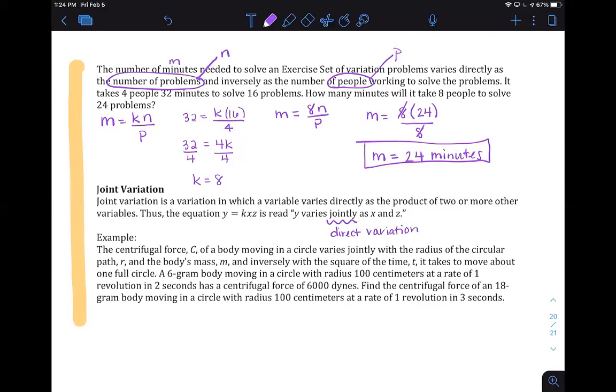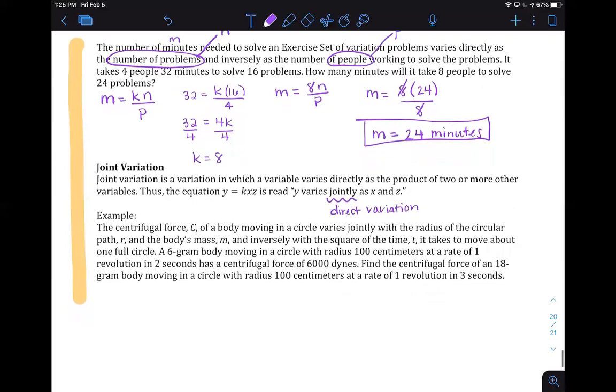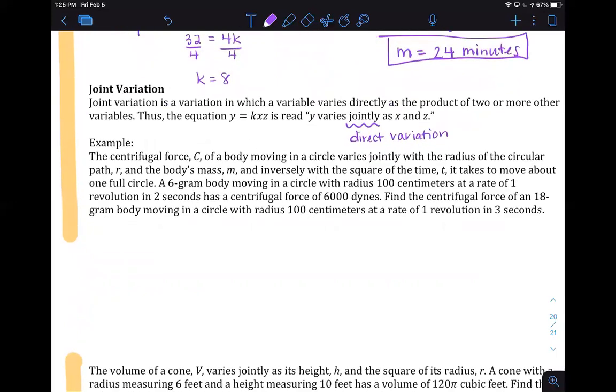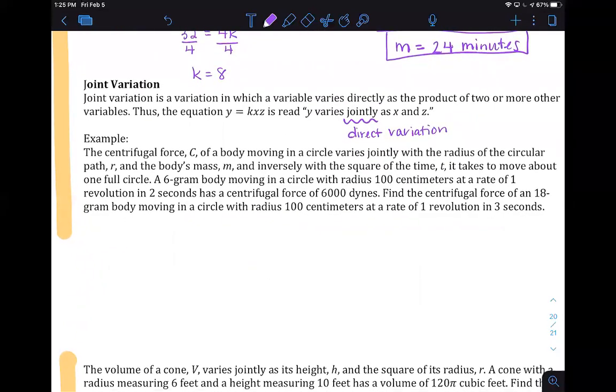All right. The centrifugal force C of a body moving in a circle varies jointly with the radius of the circular path r and the body's mass m, and inversely with the square of the time t it takes to move about one full circle. Yes, there's a square. So let's go through that.